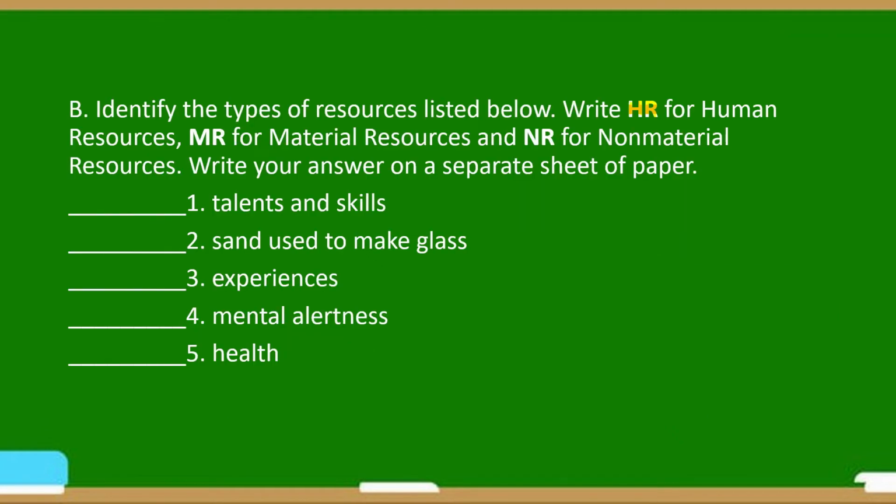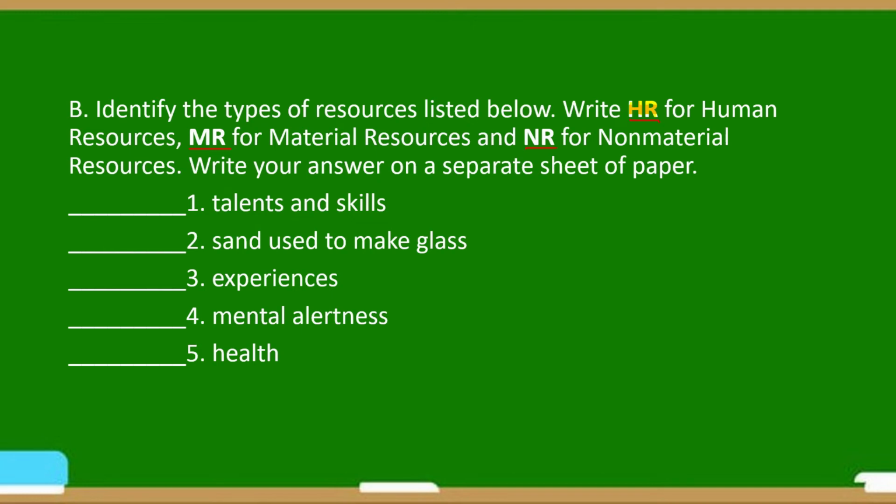For letter B, identify the types of resources listed below. Write HR for human resources, MR for material resources, and NR for non-material resources.